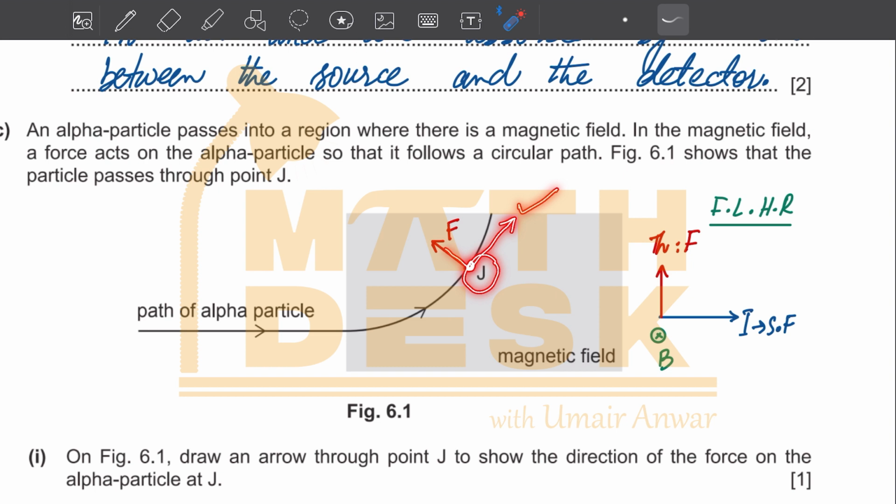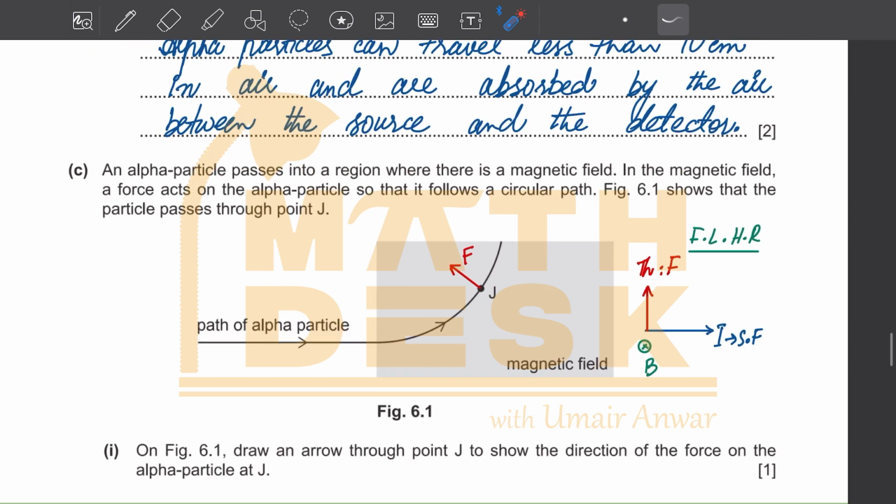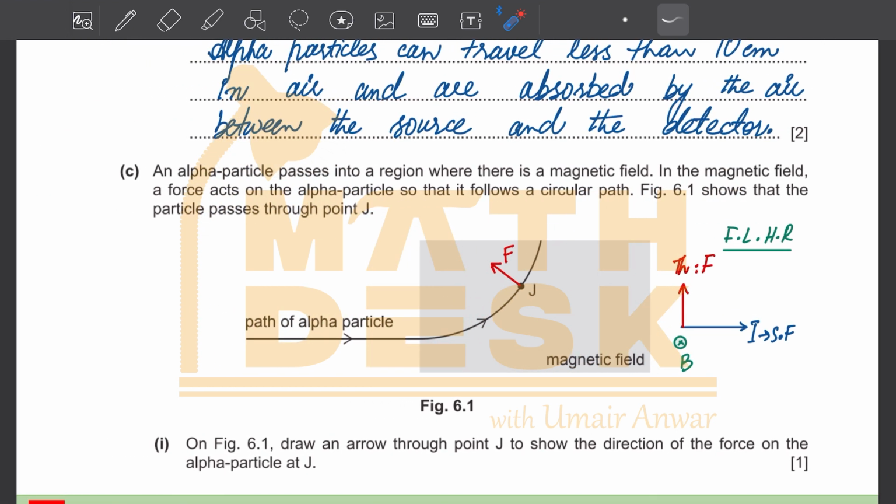The force always acts towards the center of the circle, but the particle moves in a direction which is perpendicular to the direction of the applied force. So no distance is being traveled in the direction of the force applied. That is why we would say that there is no work done here in this case. So the question ends with this part.